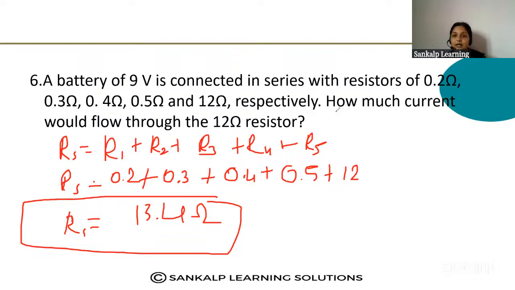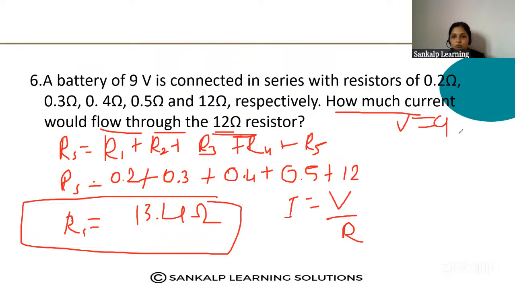They asked how much current would flow through the 12 ohm resistor. In a parallel connection you could take the 12 ohm resistor directly, but in a series connection the current is the same in all the resistors. So you have to use the formula I is equal to V by R. V is already given, 9 volt.